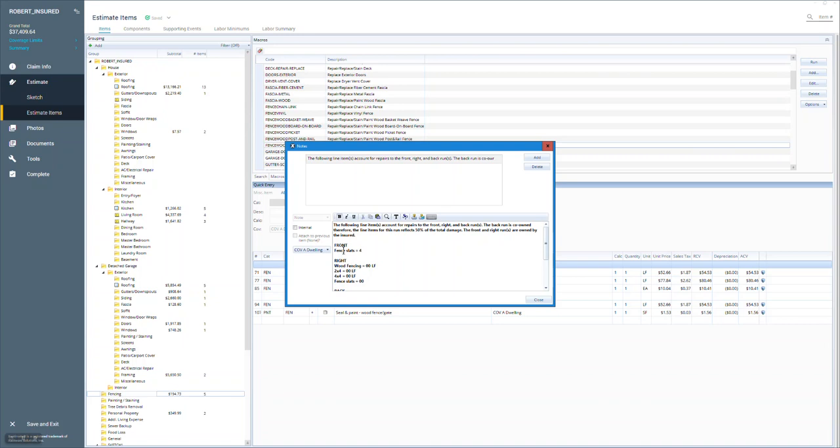Now that's what we're going to write in our line items, but let's get our text notes correct. So the front had 4 slats. The right had 4 slats. And no 2x4s or anything. We're just replacing that fencing on the right. Remember, that was 8 lineal feet of fencing.